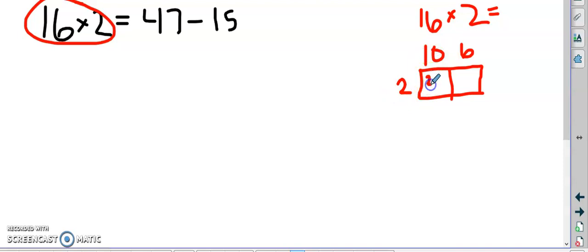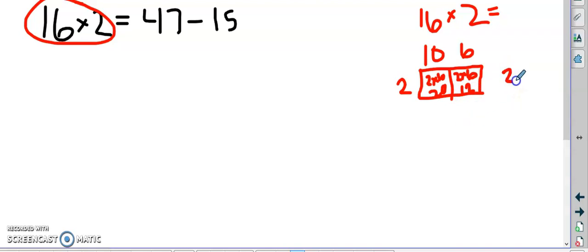I didn't make my box quite big enough. Alright, so that's 20. Thank you for bearing with me. And 2 times 6 equals 12. Remember, guys, I really hope you are working on your multiplication chart still because you will need them in 5th grade. So then we have to add our 20 and our 12.